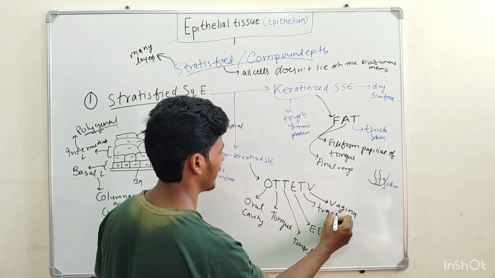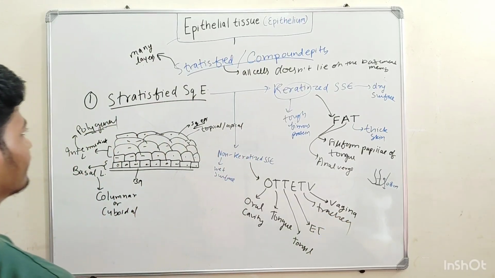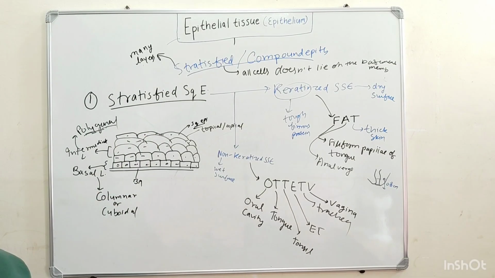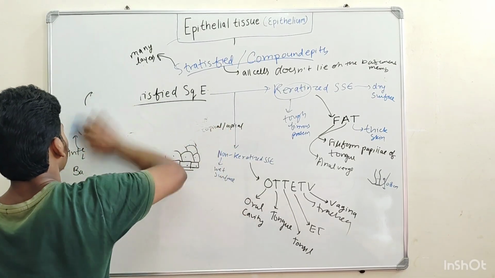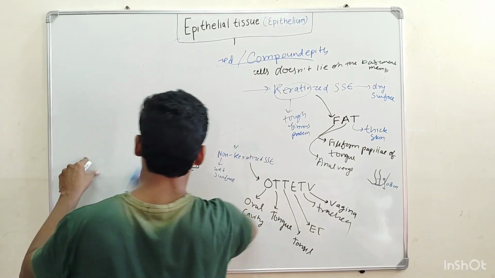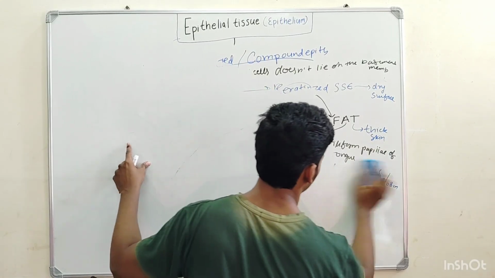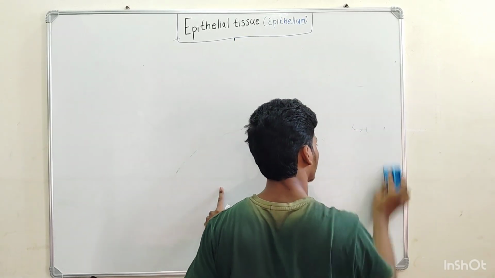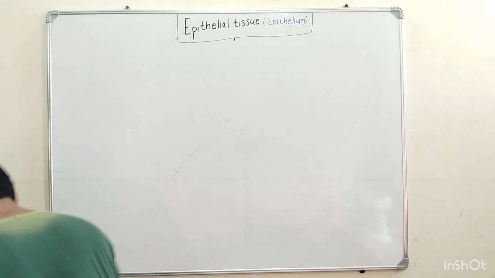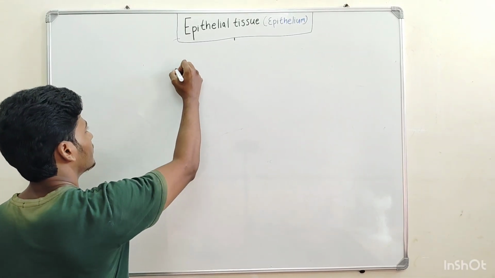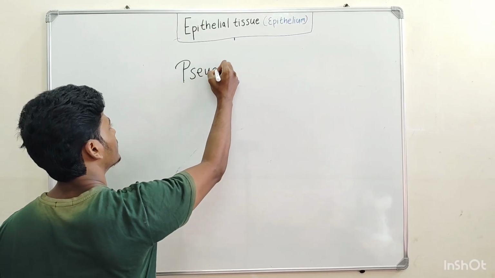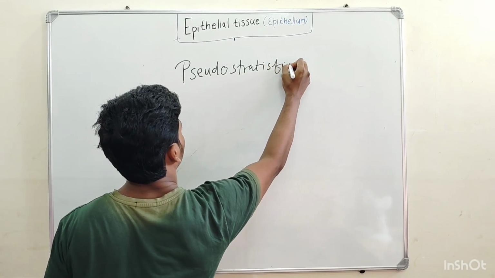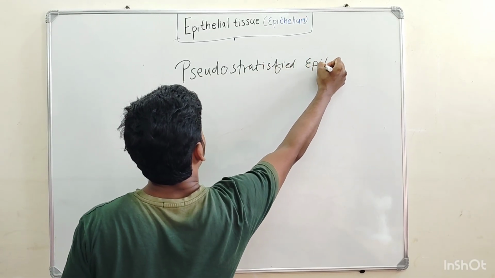So this is the stratified squamous epithelium, and next we will talk about stratified cuboidal epithelium, columnar epithelium, and one epithelium we actually forgot, that is pseudostratified epithelium.